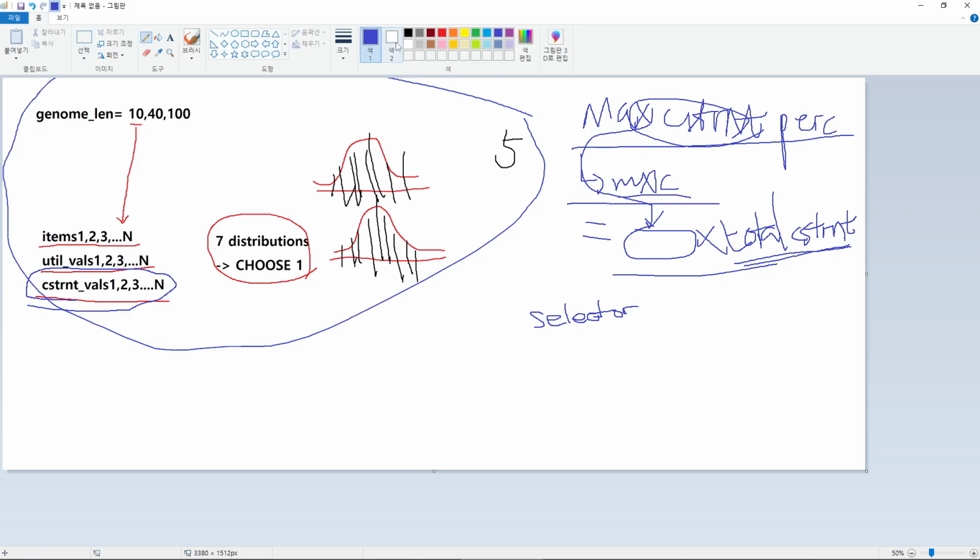And there are 20 percentages starting from 0.05 or 5%, 0.10, 0.15, so increasing by 0.05 all the way to 1.0. So 20 values for that.